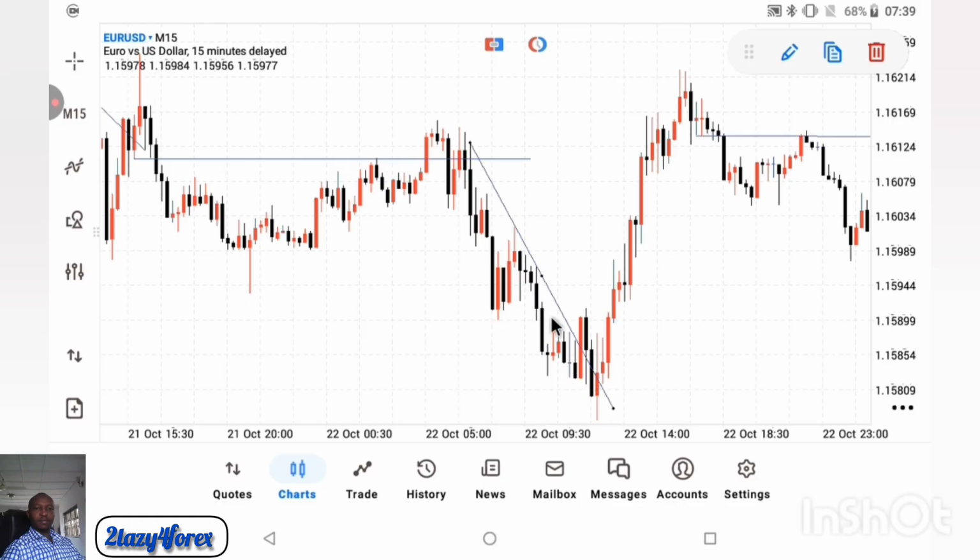Please remember, you won't see all these. It is as the candles are forming, you'll be shifting your trend lines. So please practice properly. Make sure you understand it, back test properly before you decide to use it on a live chart. Please use it on demo.